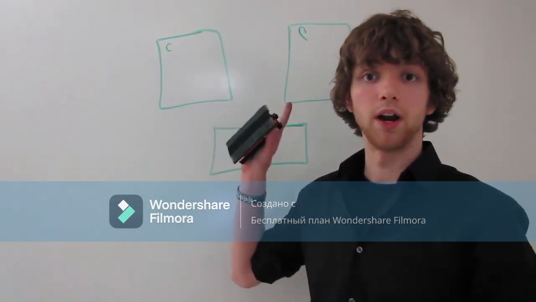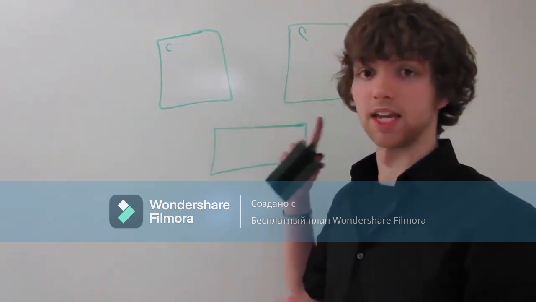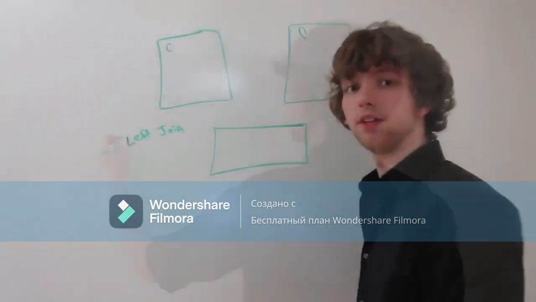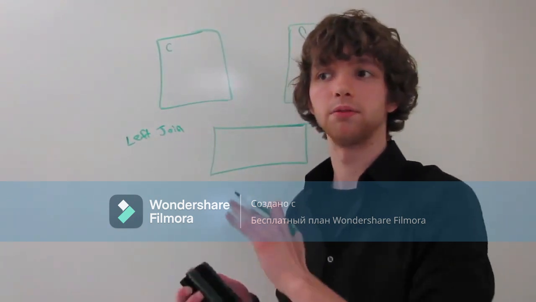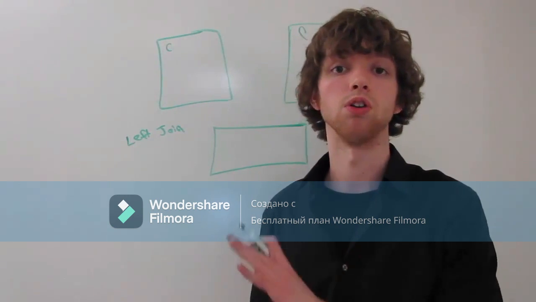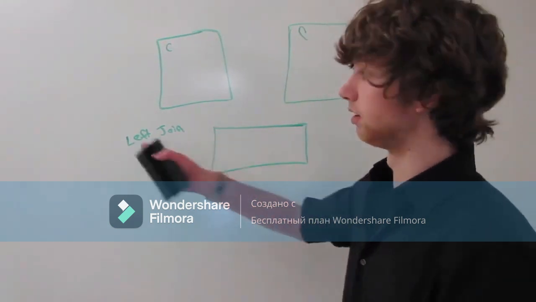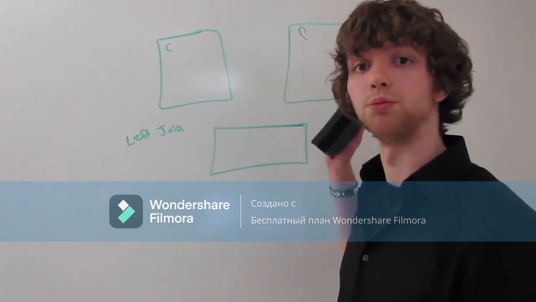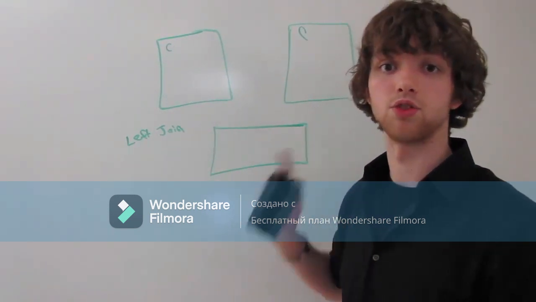If we have what's known as a left join, I'm just going to write it over here, it's going to basically ignore that statement, and it's going to return all of the rows from the left table. The right one, though, is still going to be obeying that join statement.